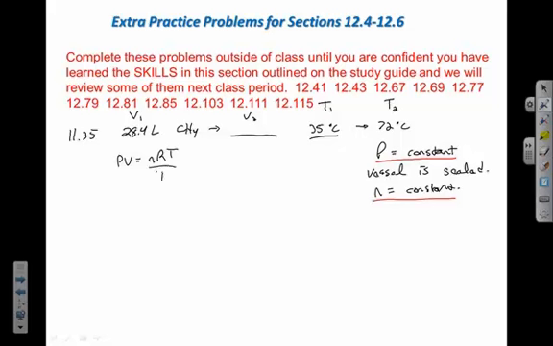So I can divide by the temperature, get that over here. That will cancel here on the right-hand side. And then I can divide by the pressure and get that over here. Since that's constant, get it on the other side with the other constants. That will cancel. So now I have V/T equals a constant.